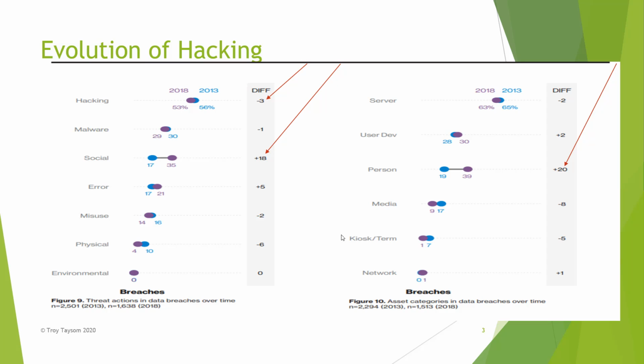The most interesting thing to me is that the evolution the hackers have gone through is they've gone away from attempting to hit the network directly to going after individual people, which is right here. That increased by 20%. All right.